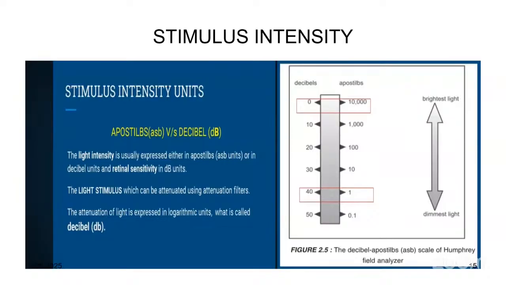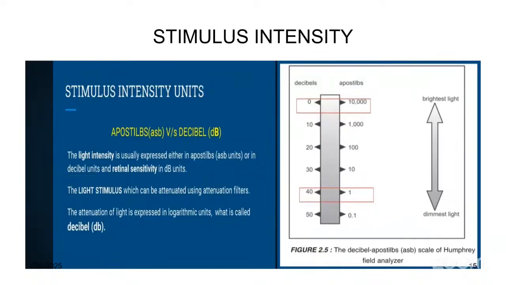So for the stimulus intensity, how do we measure it? It is the light intensity, usually expressed either in apostilbs or in decibel units, while the retinal sensitivity is measured in decibel units. The light stimulus can be attenuated using attenuation filters, like we said.